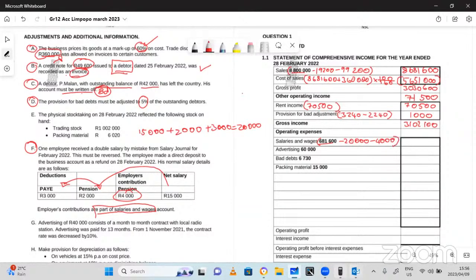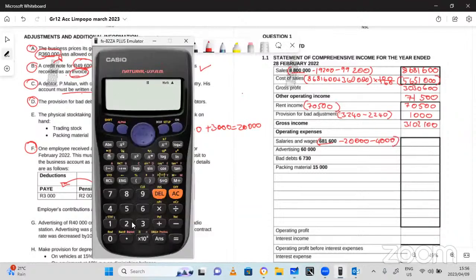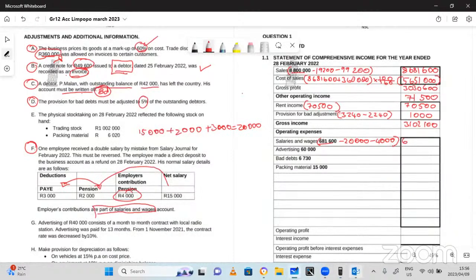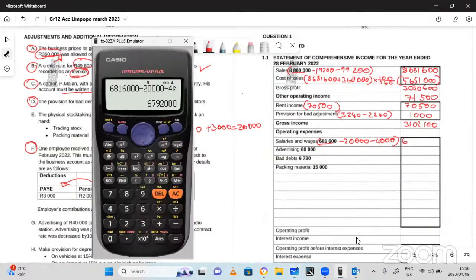Then you work out the calculations. So we are going to take the 681,600 and subtract the 20,000 and subtract again the 4,000. Let me double check. I made a mistake, I added a 0 there.